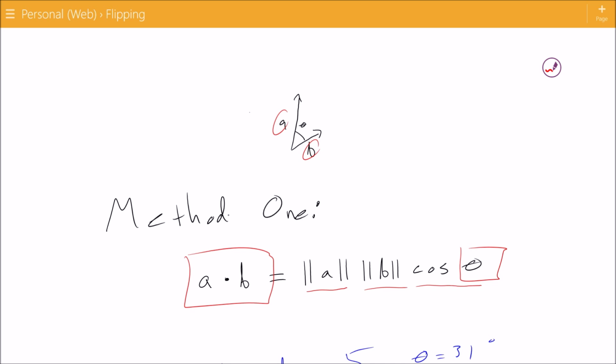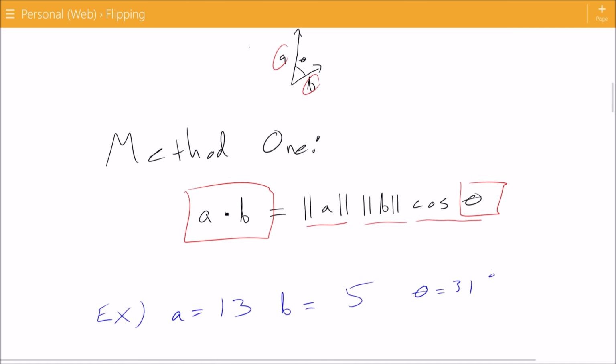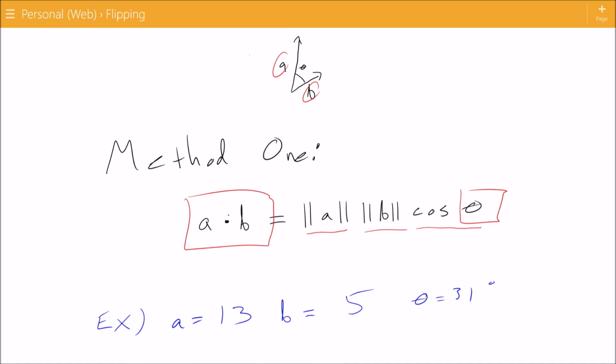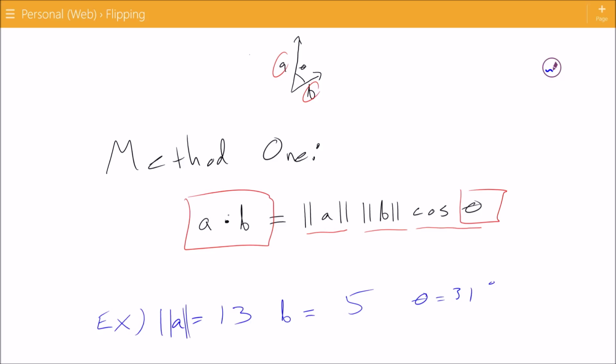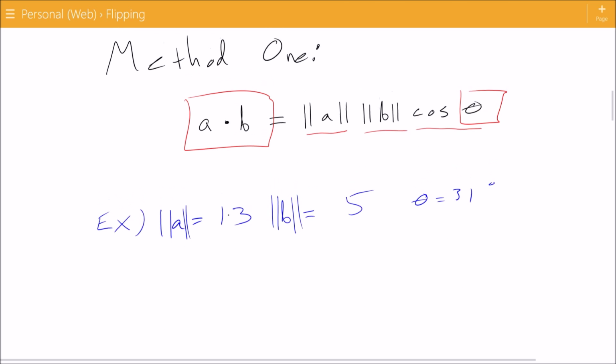But let's just test out how this works. So suppose that I've got vector A, I should say that's the magnitude of A, is equal to 13. The magnitude of vector B is equal to 5. And I know that the angle between the two is 31 degrees.